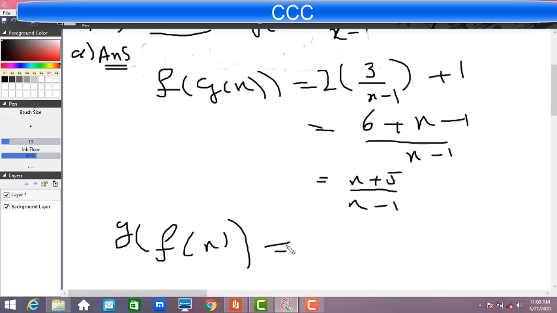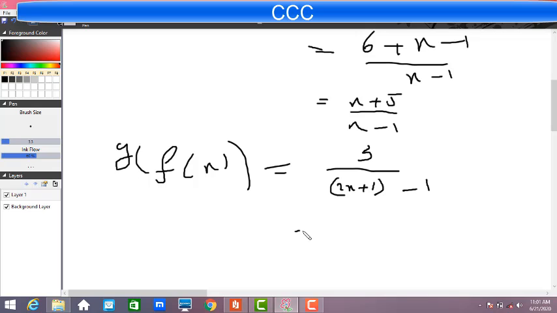In the same way, you can find g of f of x. In this case, the basic function is g of x. So you write g of x, and in place of x, you replace the value of f of x. That is equal to 2x plus 1.